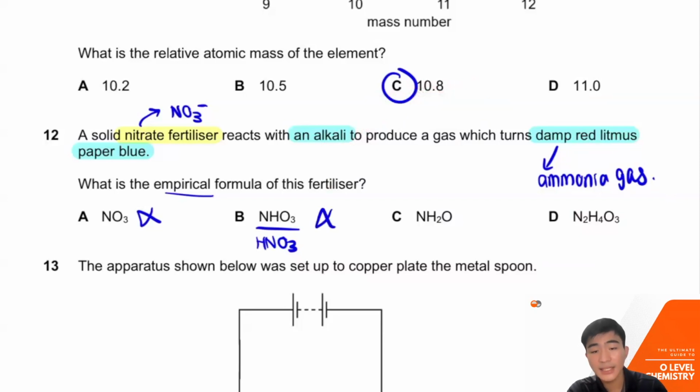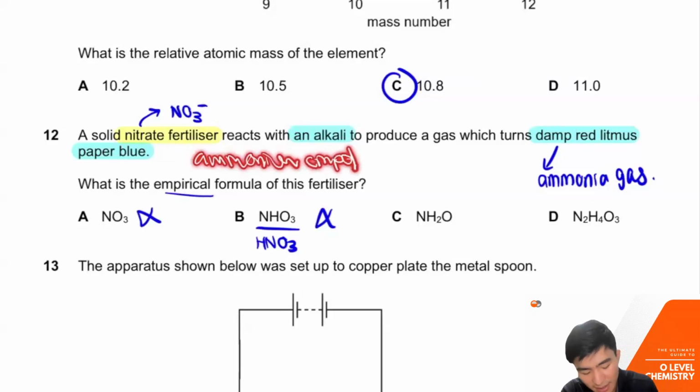Now, C then, NH2O. Actually it turns out NH2O is not even a compound, right? So what is the actual compound? Actually, it's over here. How do you know? Because I need an ammonium compound, and an ammonium compound needs to contain NH4 plus.